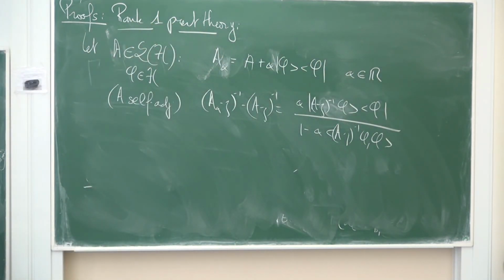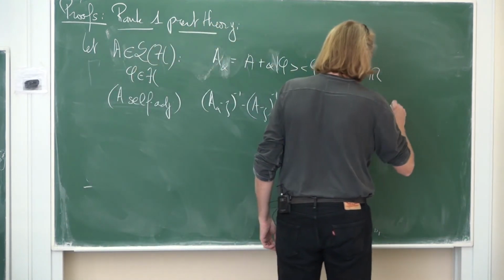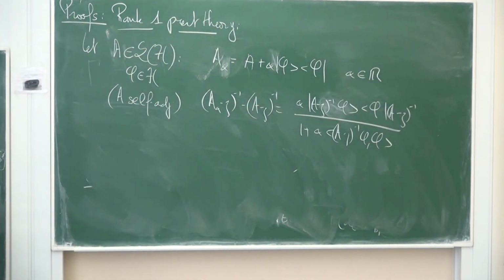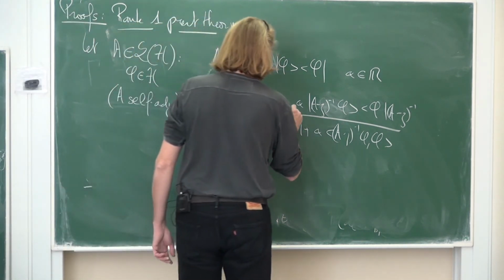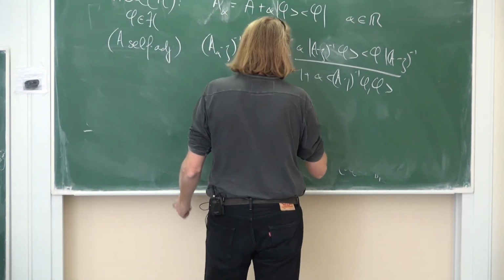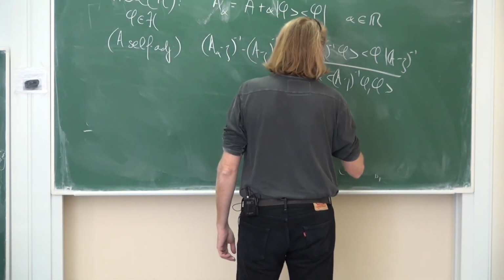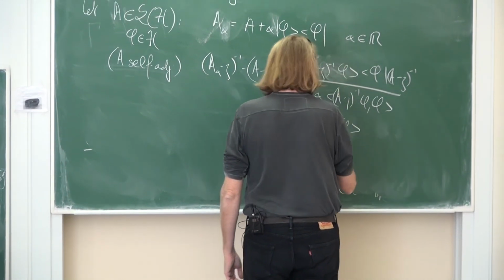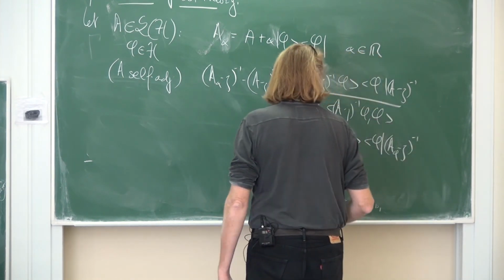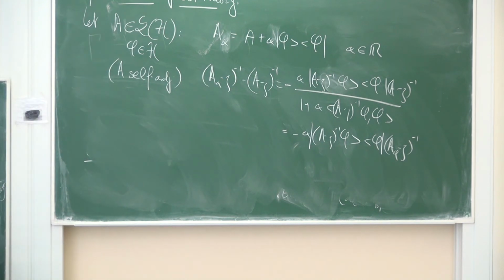This is a direct computation. It's 1 plus, and here you have minus, which you can also write as minus alpha as this. So that's a direct computation.